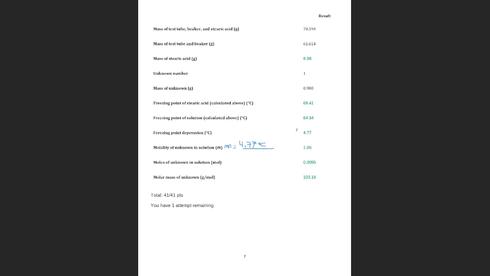The constant. The constant for that solvent is given, in my case, it is 4.5 Celsius. Let me see. I guess it's 4.5. Yeah.